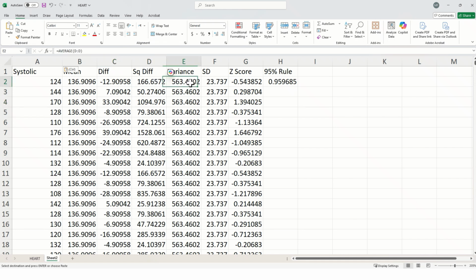The squared difference is going to be different, the variance is going to be different, and all these values are going to be different. One thing which has not significantly changed is the 95% figure, which stays very close to 95%, right? Again, all these values are within 2 standard deviations above or below the mean, right?